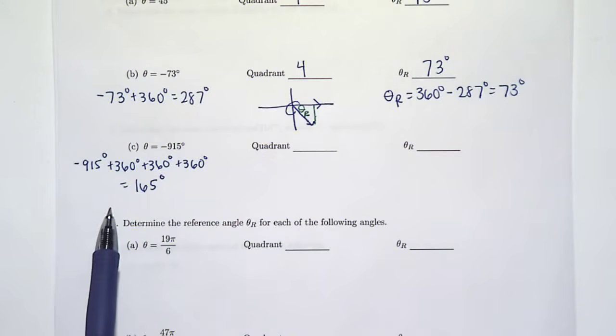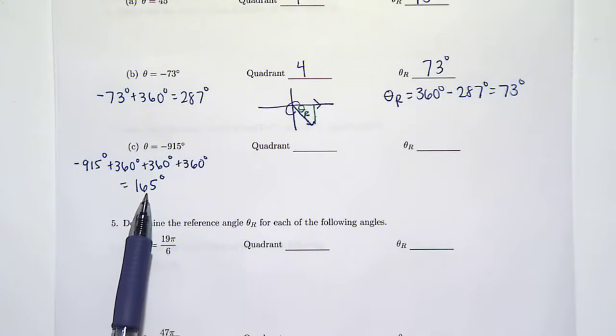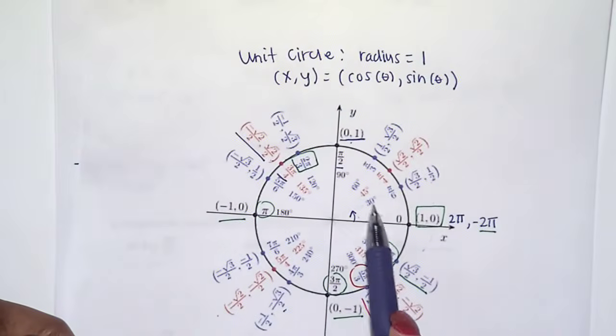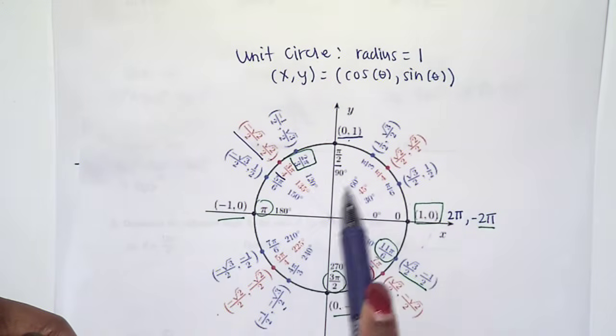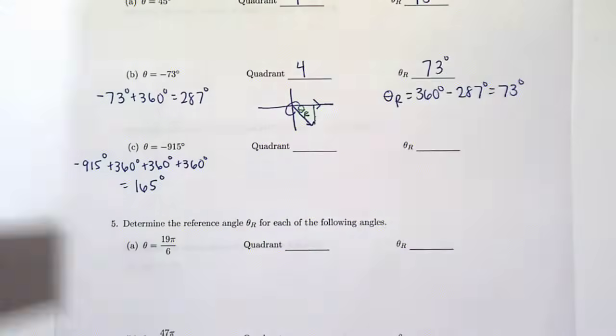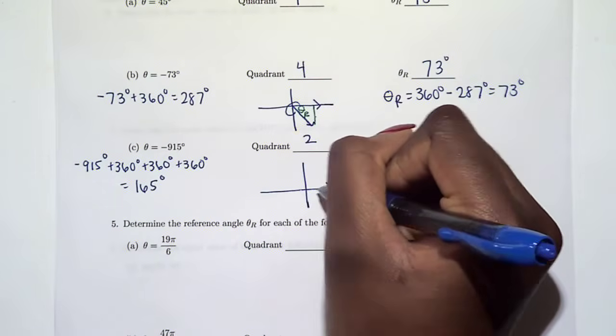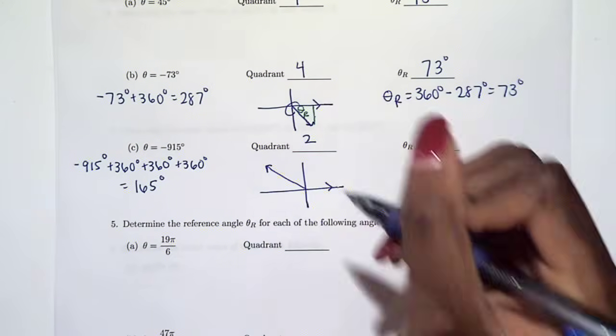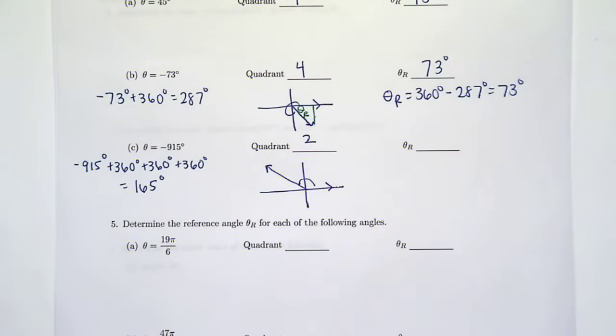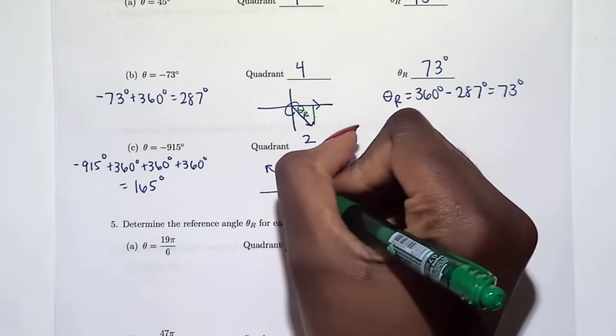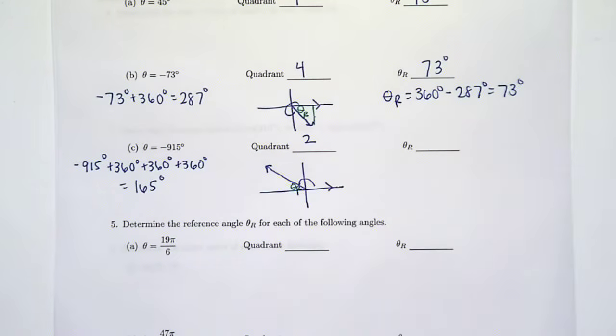What quadrant is 165 degrees in? It should be in the second quadrant, right? 165 is between 90 and 180, so it's in quadrant 2. So here's what it looks like. And the thing we're trying to find now is the reference angle.